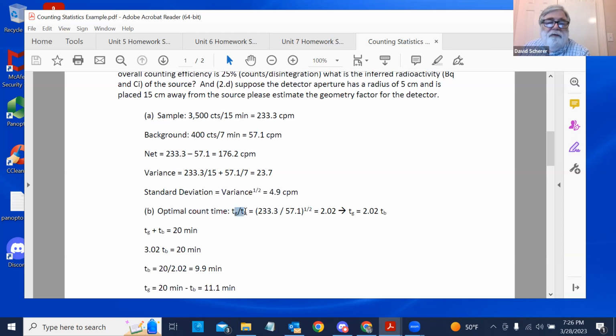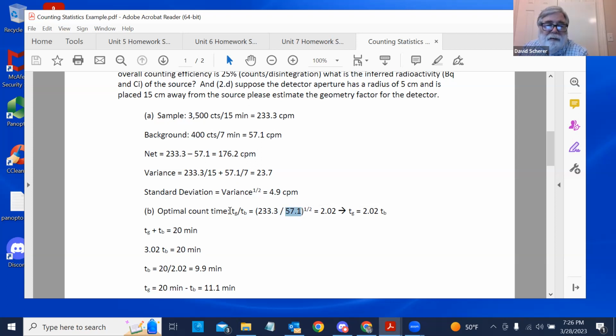The formula for how we split the sample counting and the background counting is we take the ratio of the times is equal to the square root of the ratio of the count rates. So the gross count time divided by the background count time is optimal if it equals the square root of the gross count rate, 233.3, divided by the background count rate, 57.1.